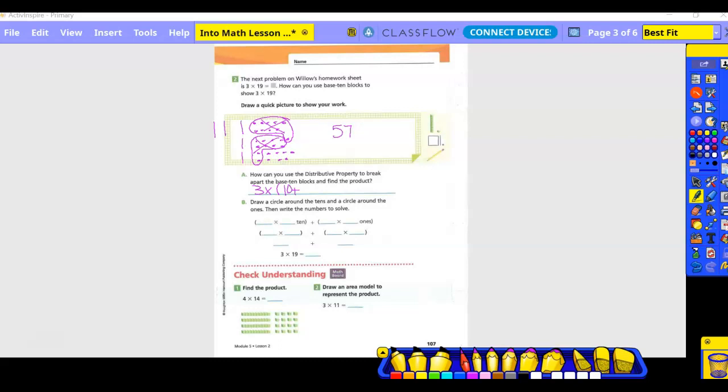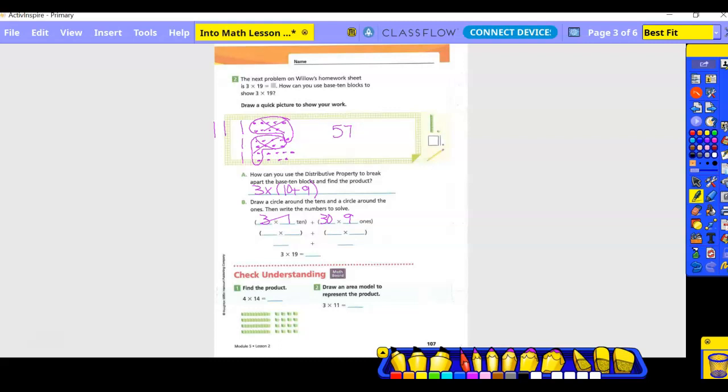And then how many cubes or small cubes or 1s did I have? 9, right? So if I did that, I would take what? Well, 3 times 1 ten, which would be 3 times 10 is 30, times 9 1s.